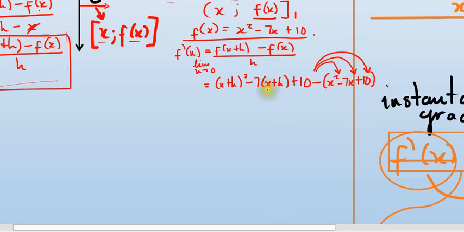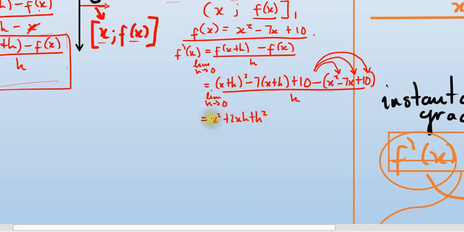Now all of this is divided by an h, wherein the limit is that h is approaching 0, meaning the h is a 0, the h is nothing, so we're going to say it's equal to. Now this gives us x squared plus 2xh plus h squared.